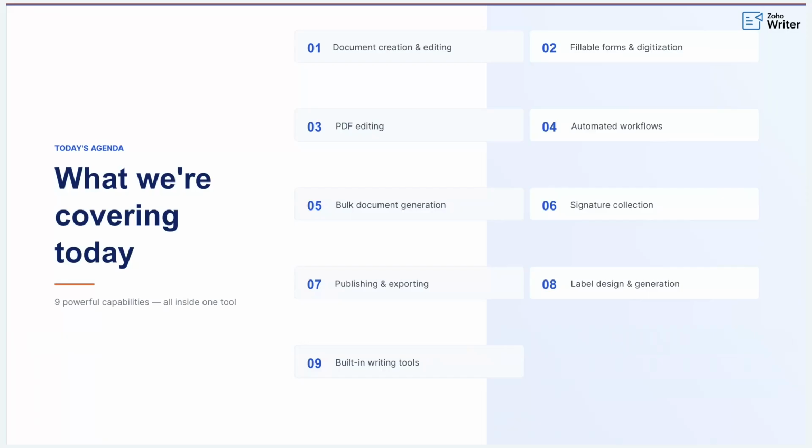And we'll also wrap up with publishing, labels, and power tools like exporting and publishing documents, generating labels using your Zoho data, checking spelling, grammar, plagiarism, working in Markdown, and translating content right inside Zoho Writer. We'll also leave some time at the end for your questions. So as we go through these sections, you can also drop your questions in the Q&A tab and Sam will be answering them. And if there are any left out, we'll pick them up later.